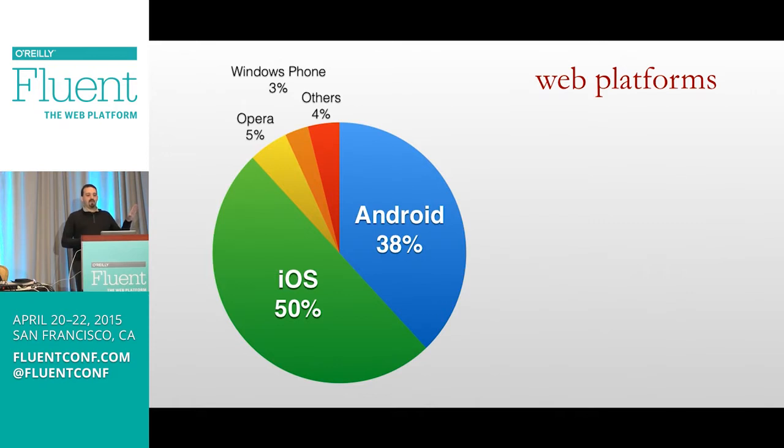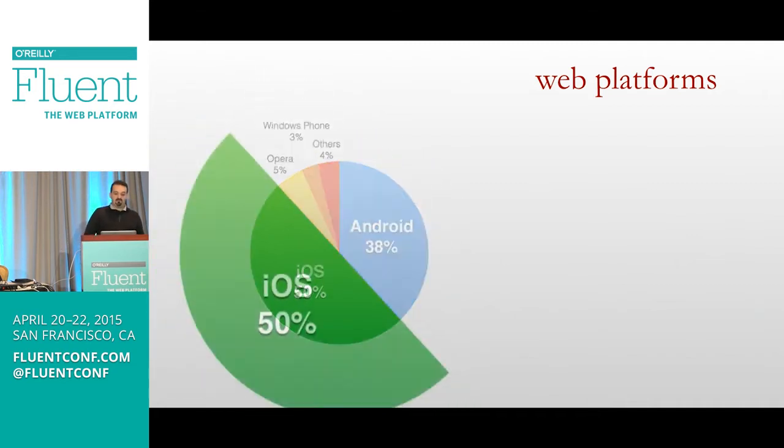And this is how it looks, let's say for now, in terms of OSs or a mix between OSs and browsers. Half of the users from a mobile phone are browsing the web on iOS, iPhone, iPod Touch, and roughly 40% on Android. Then we have Windows users, Opera users that are in different OSs, and others.